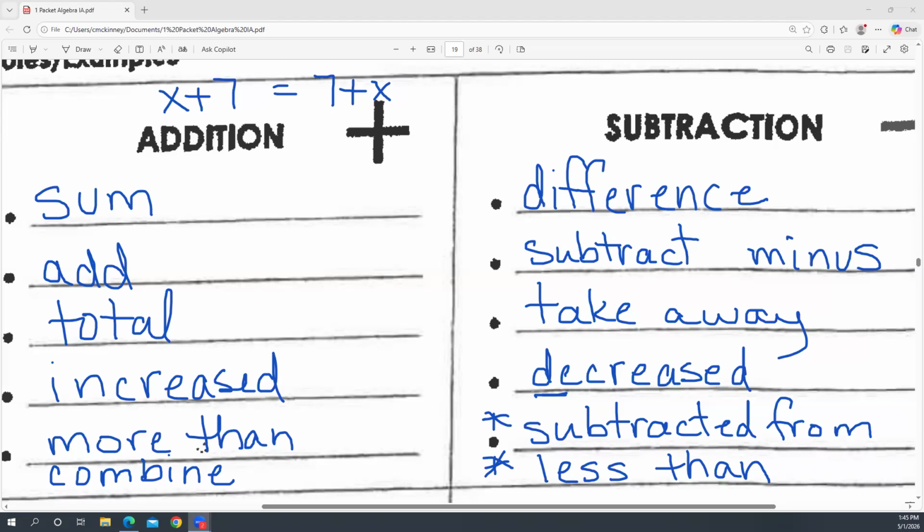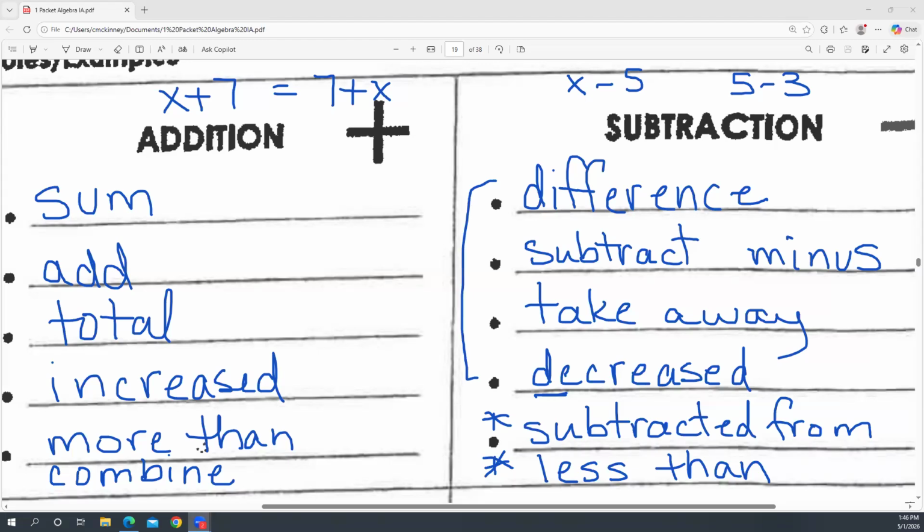If I said some number, we'll just call it x, take away 5, the difference between 5 and 3, 5 minus 3. So for these first 4, we keep them in the same order.